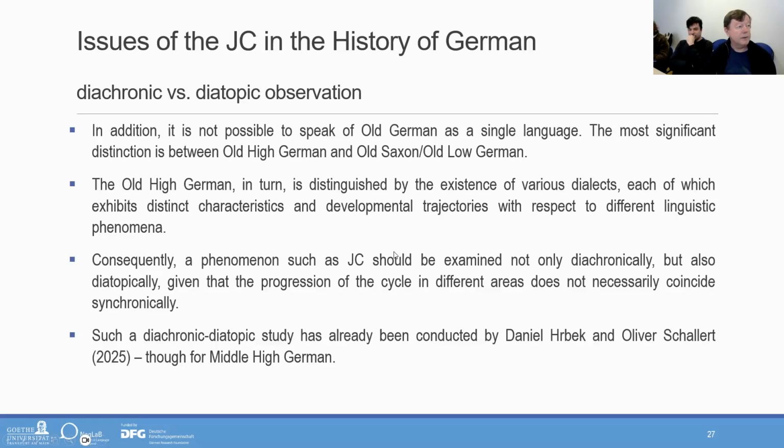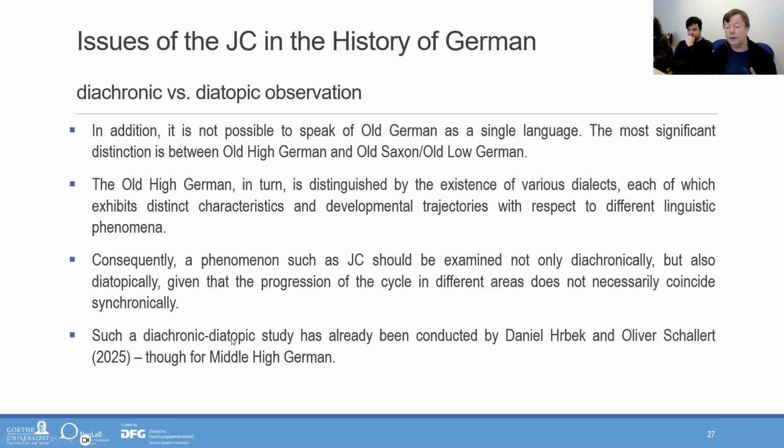And in consequence, phenomena such as the Jespersen cycle should be investigated not only diachronically, but also diatopically, given that the progression of the cycle in different areas, dialects, does not necessarily coincide synchronically.